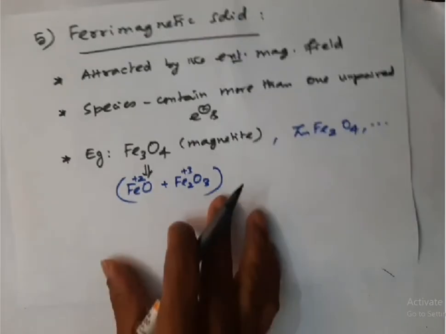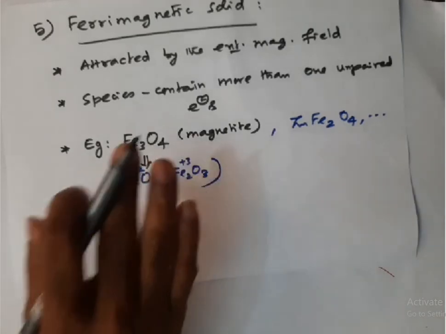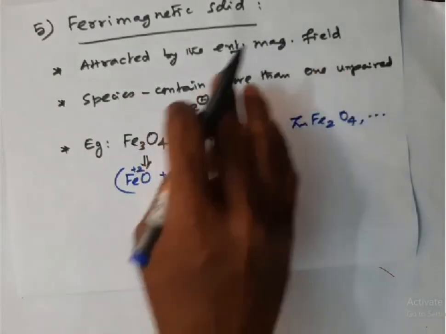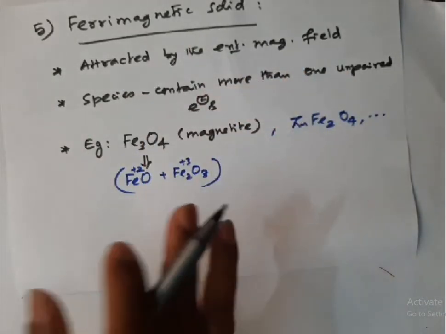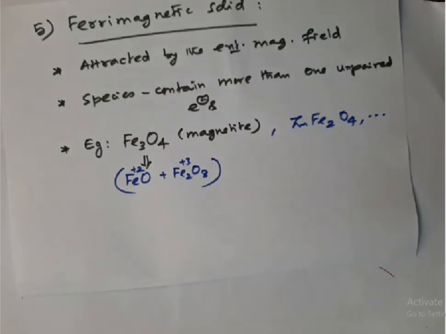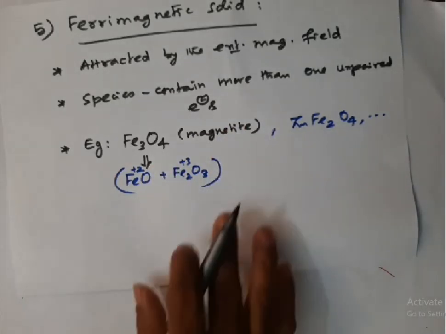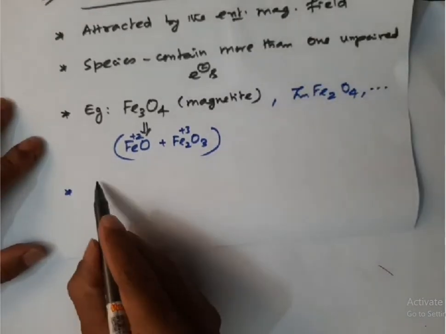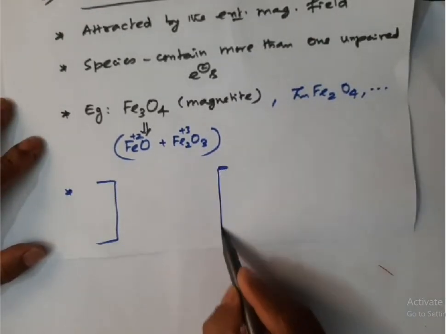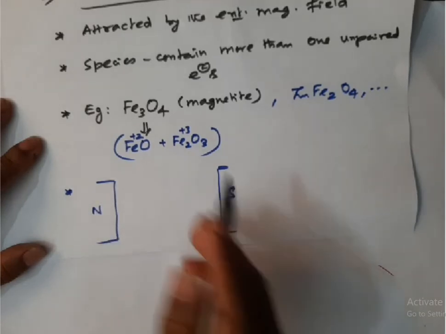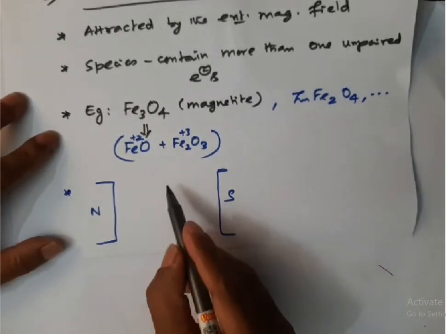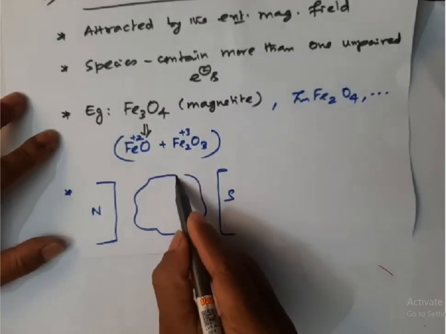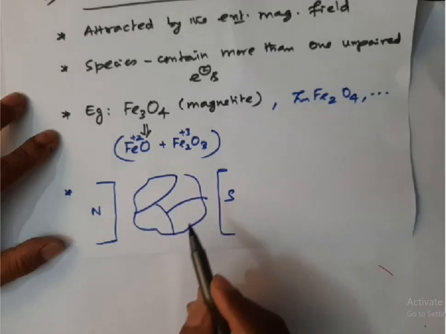Now, why is this material, though it contains more than one unpaired electron, only weakly attracted by the magnet? What's the reason? Suppose we keep the material in a magnetic field. We have domains in the solid.